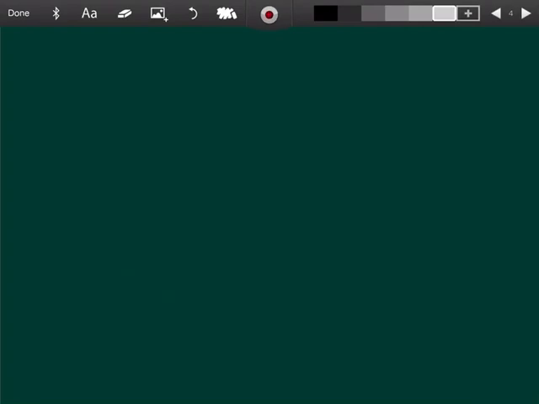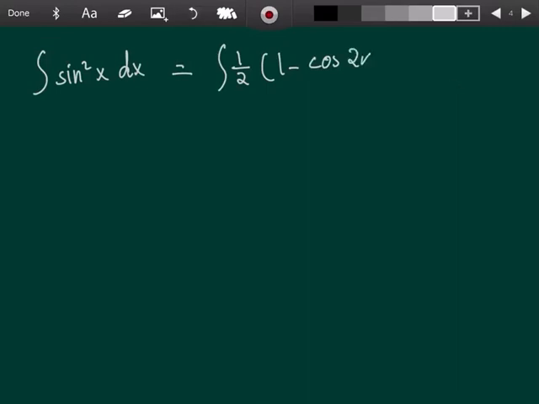So those are the two special substitution rules. Okay, let's have some examples. First example, we have the integral of sine squared x dx. From the trigonometric identities, we have number 4: sine squared x is equal to 1/2 (1 minus cosine 2x).